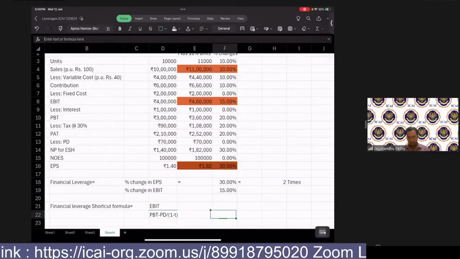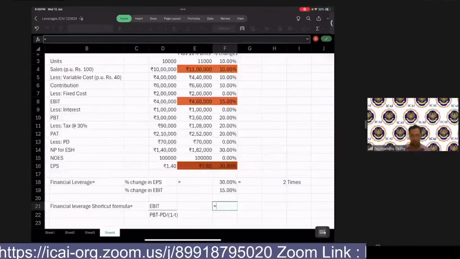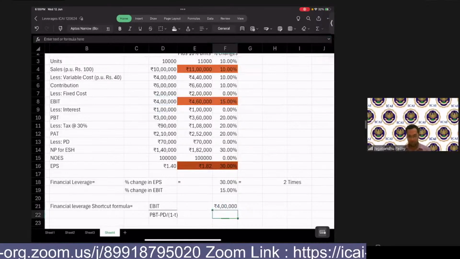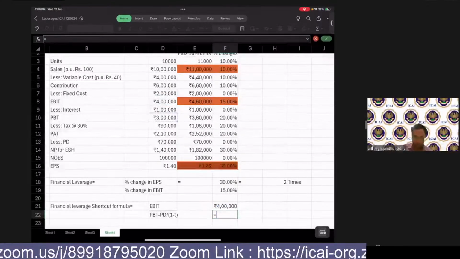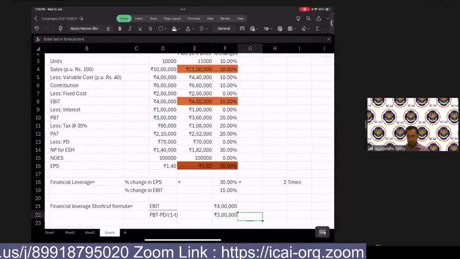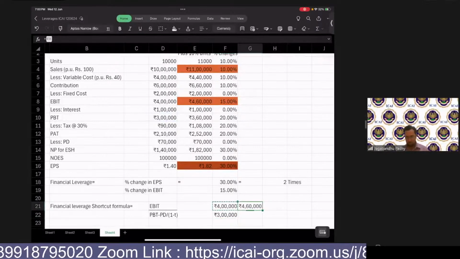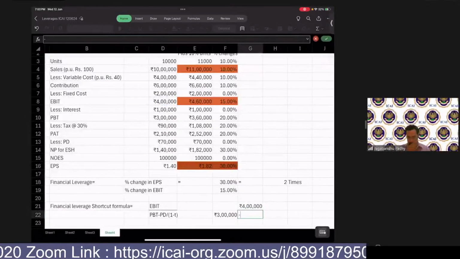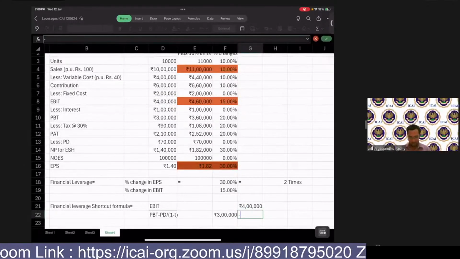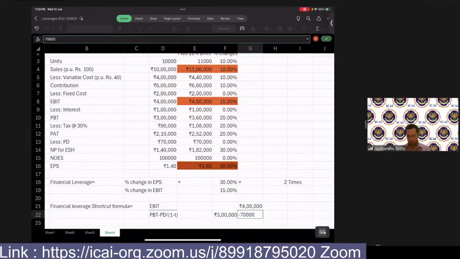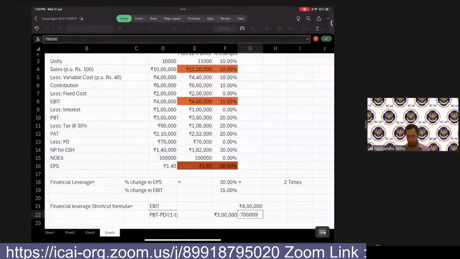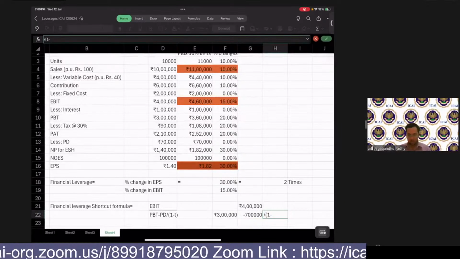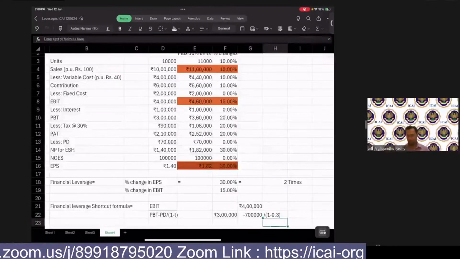If we apply the shortcut formula over here, see what the EBIT figure is. It is 4 lakh, right? And profit before tax is 3 lakh. From that 3 lakh, we need to subtract the preference dividend of 70,000 divided by 1 minus the tax rate of 0.3.